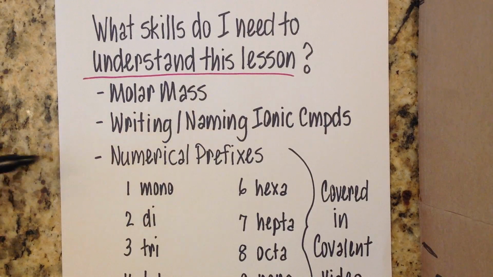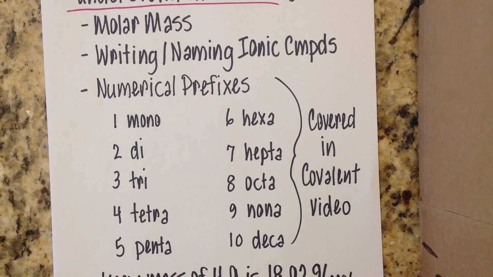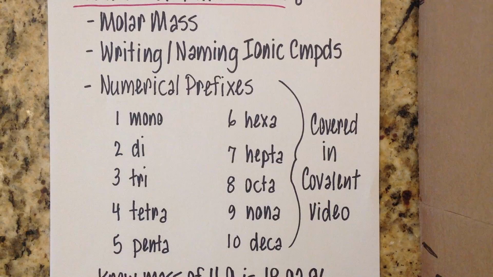There are 2 videos on that in YouTube. And you also need to know your numerical prefixes. I actually covered these in my lesson on writing and naming covalent compounds. But here they are again. I feel like most of you know these: mono, di, tri, all that. You've been exposed to these probably many times during your educational history and in lots of different classes.